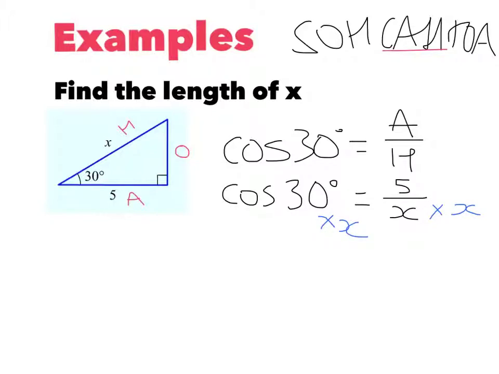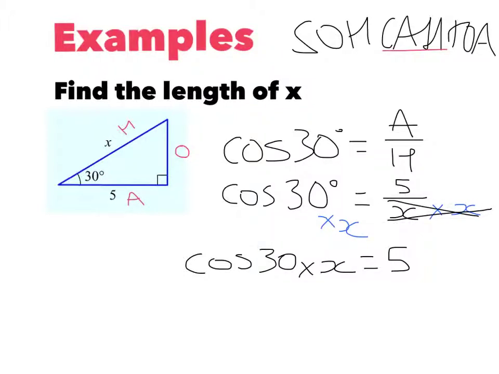If I multiply both sides by x, I get cosine 30 multiplied by x is equivalent to 5, because divided by x and multiplied by x cross each other out, and I've multiplied this side by x. Now my aim is to get x by itself. The left-hand side is cosine of 30 multiplied by x, so to get that x by itself, I have to divide both sides by the cosine of 30.